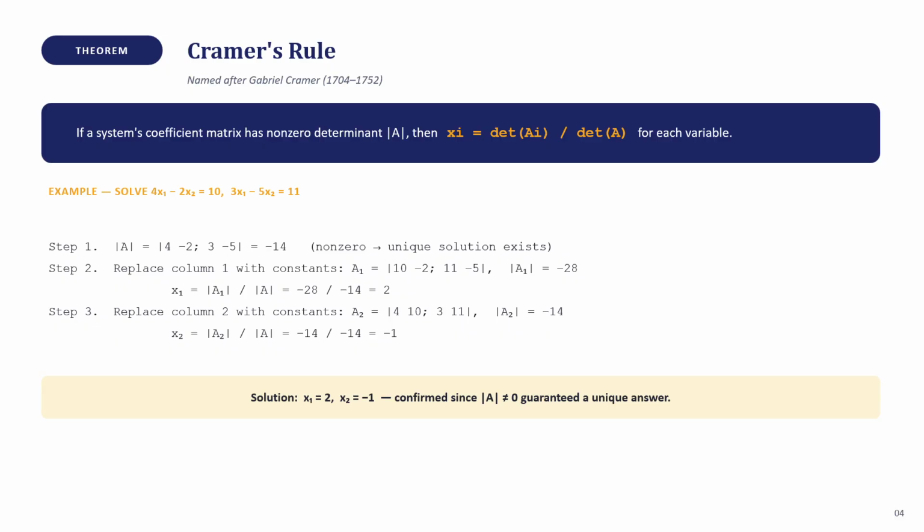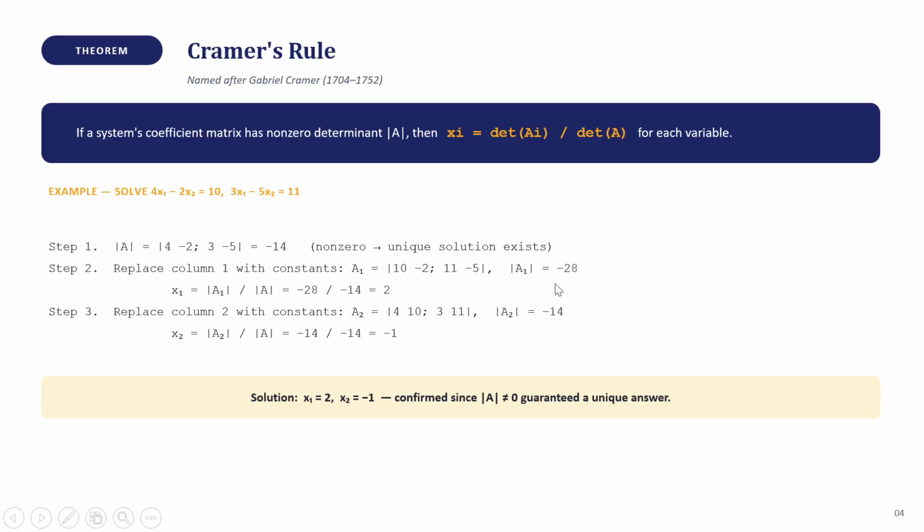Our step 2 is to replace the column with the constants. So A sub 1 has rows 10, negative 2 and 11, negative 5.